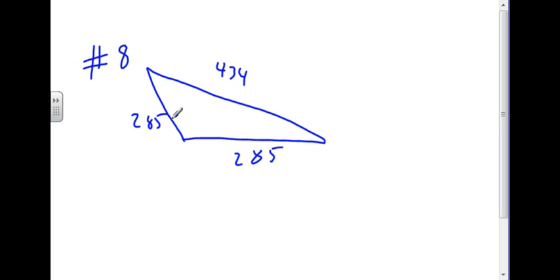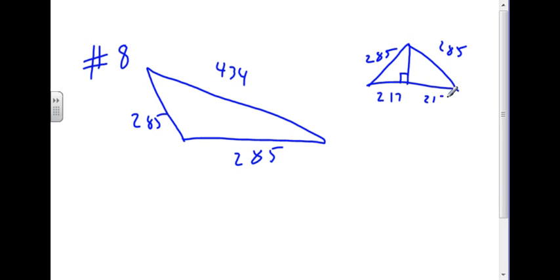Okay, well, if this wasn't section 2 of the book, which it is, what I would do is go like this and say 285, 285, drop an altitude down that way and call this 217 on this side, 217 on that side.